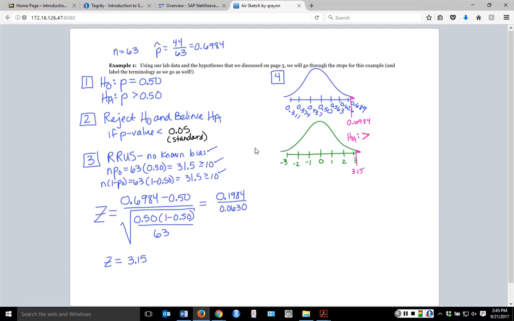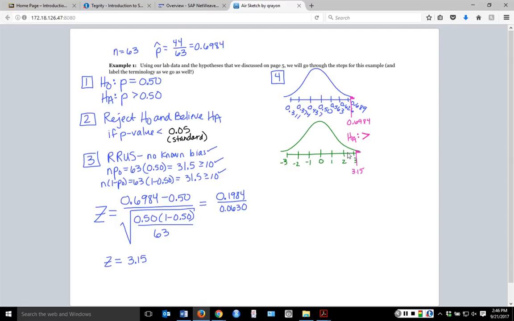Here we're finding the z, drawing the picture, and going to the table. That's the only real difference, the order that we're doing it in. And the reason why we want to get to the point where we're doing this one is z is always the same: -3, -2, -1, 0, 1, 2, 3. It's the same numbers along the bottom every single time. So if I have to do this math each time, if I understand how this comparison is going on, it makes it a lot easier.